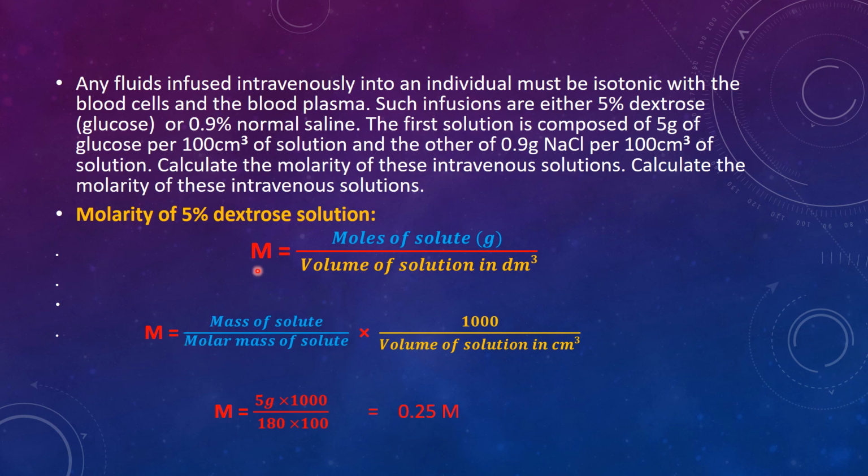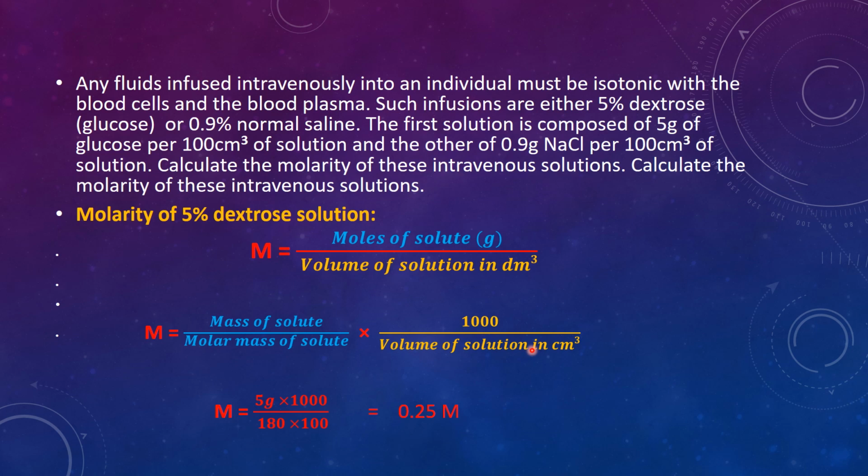As our solute is dextrose, it is glucose, and mass of this dextrose is 5%, meaning 5 grams dissolved in 100 cubic centimeter. So mass of solute, molar mass of the solute, it is 180 gram as I have told you, multiplied by 1000 divided by volume of solution in cubic centimeter.